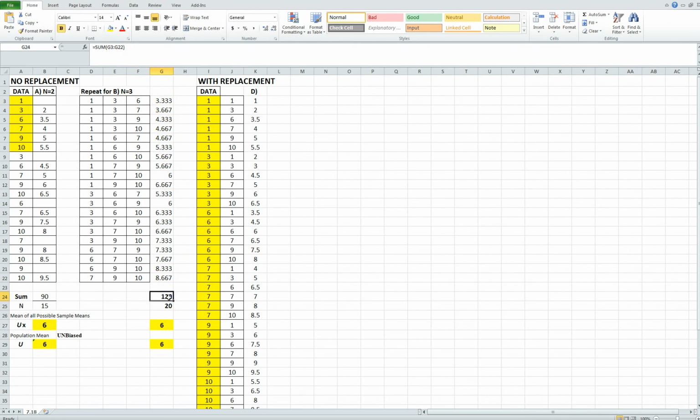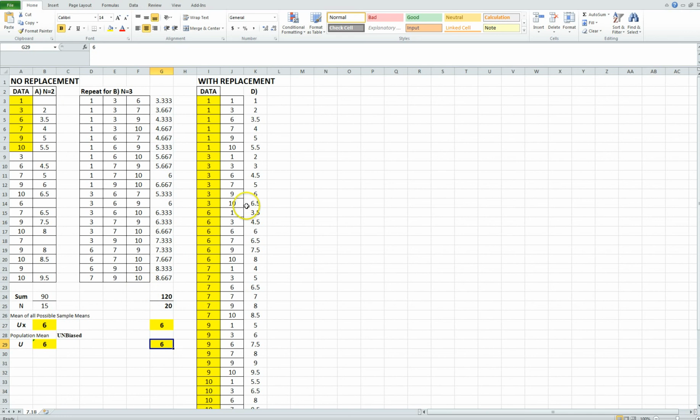And again, just to show the math, here's the sum of these. The denominator is 20 samples, which gives us a mean of all possible samples of 6. Again, you can bypass this step and just use the average. Our population mean is again the same, so again we have an unbiased comparison of our sample and population.